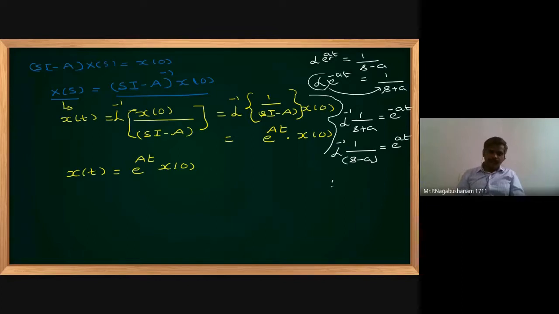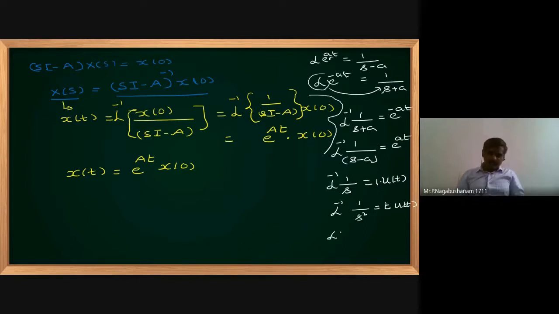L inverse of 1 by s is 1. Instead of writing 1, in control systems they use u(t) equal to 1. And L inverse of 1 by s square is t. In control systems, you have to put an extra t into u(t).